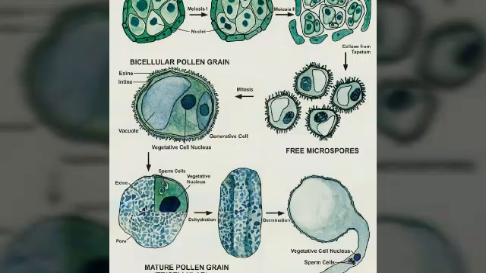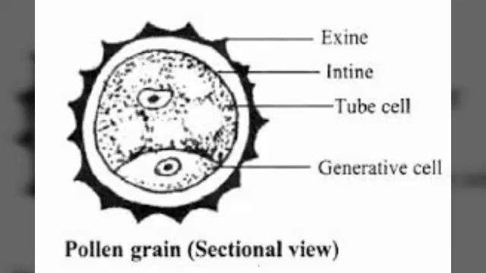Each pollen tube contains the male gamete, which is transferred into the ovule, where it fuses with the egg cell and causes syngamy or true fertilization.